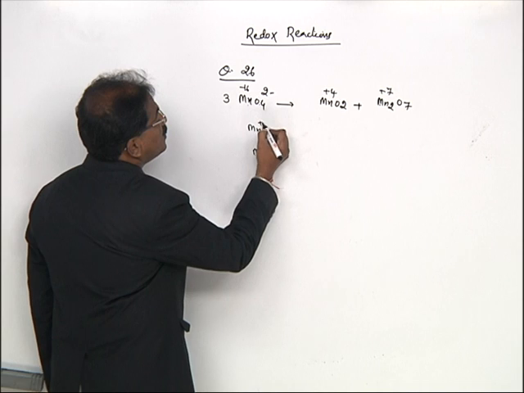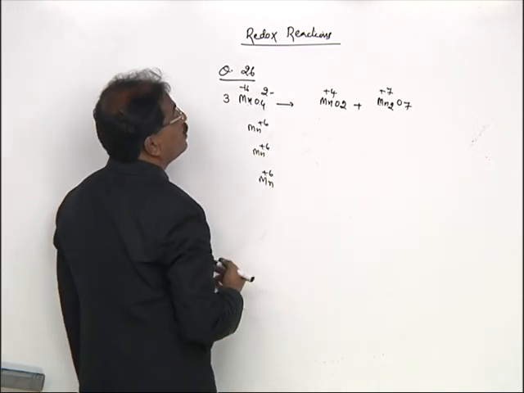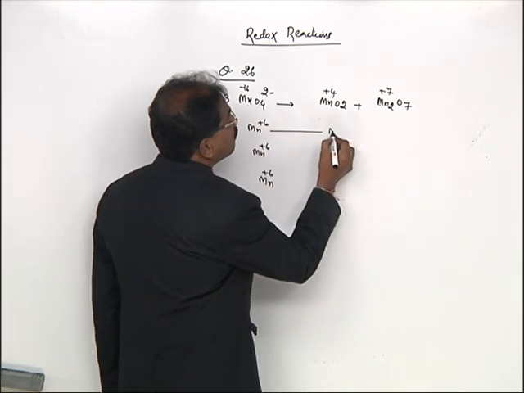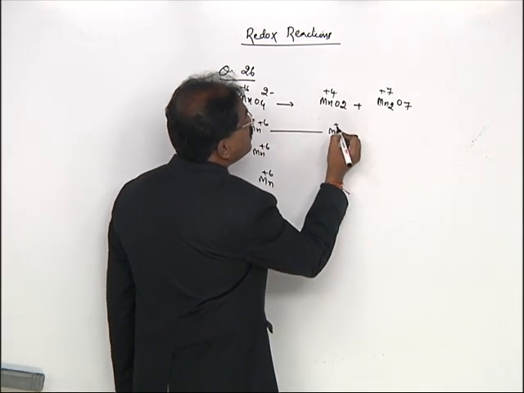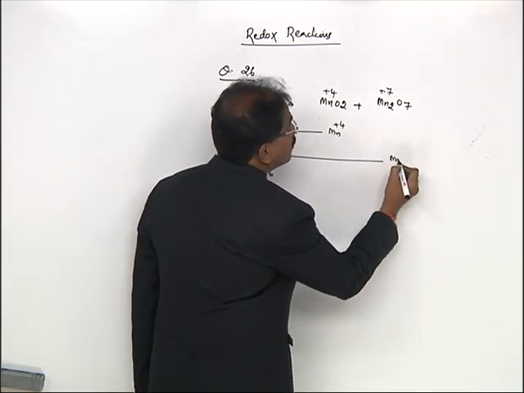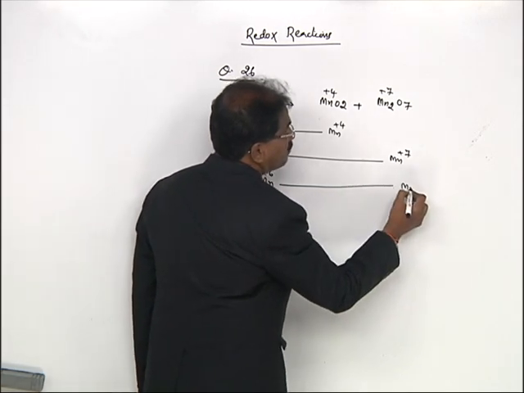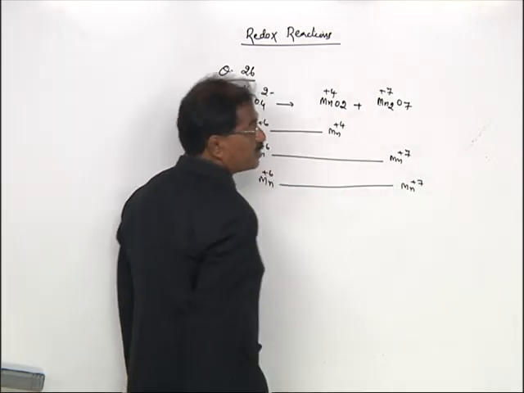Here oxidation state is plus 6, plus 6, plus 6. One manganese is coming here, its oxidation state is +4. Another manganese is coming here, the oxidation state is +7. Another manganese is coming here, oxidation state is +7.